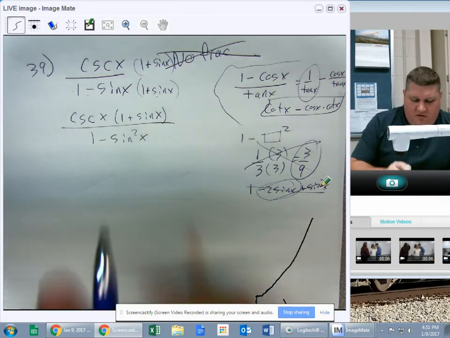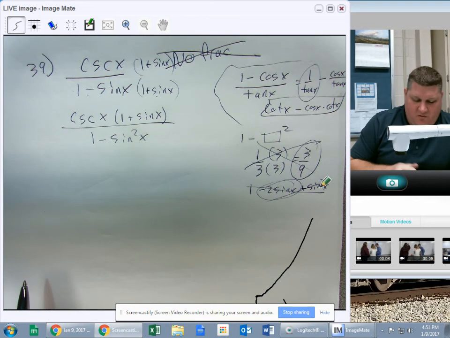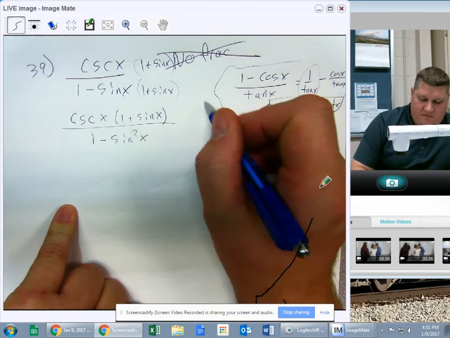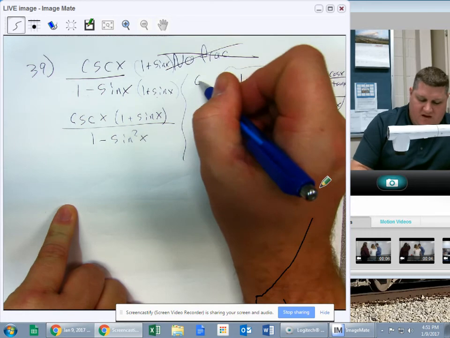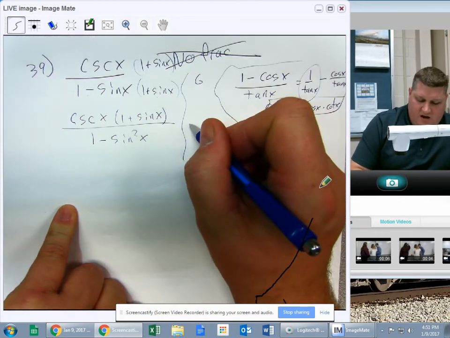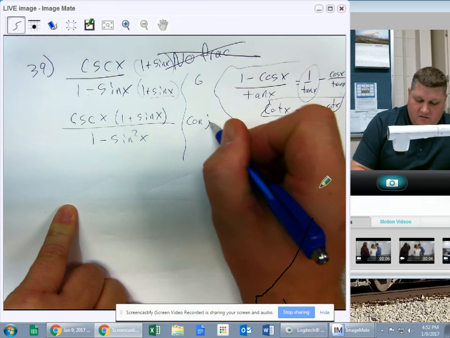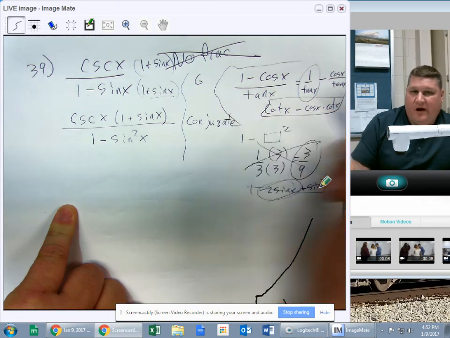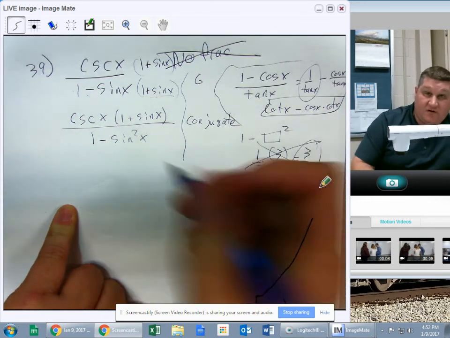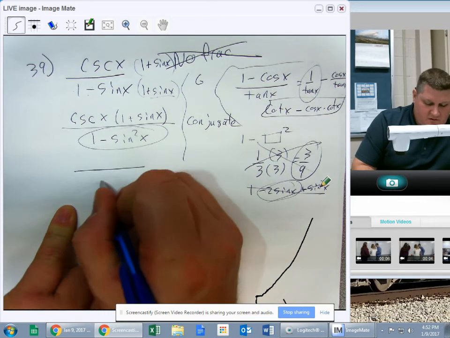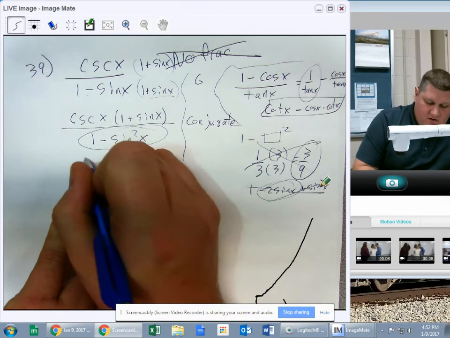Well, that looks like it should be really familiar. What is 1 minus sine squared x? Oh, so in this case, we would say given. Here we would say, really, that's called a conjugate. But if you said denominator or like fraction, that'd be fine too. 1 minus sine squared is cosine squared x.